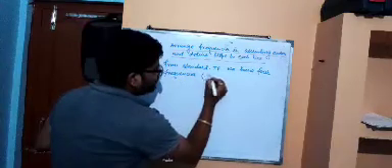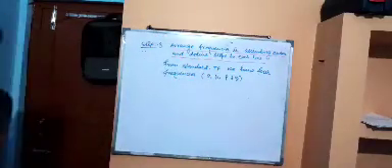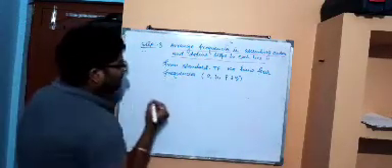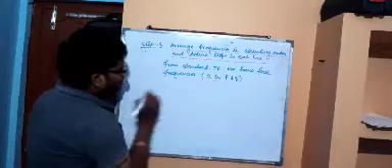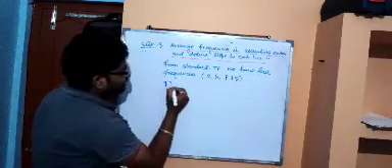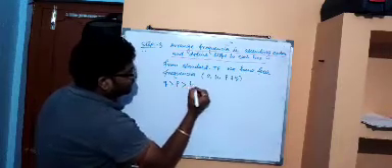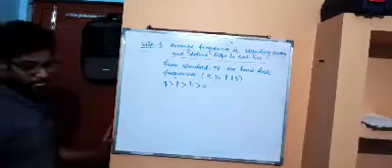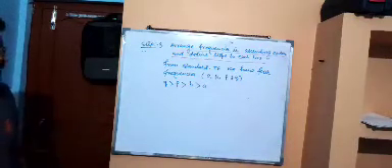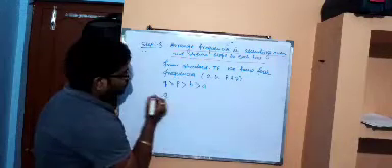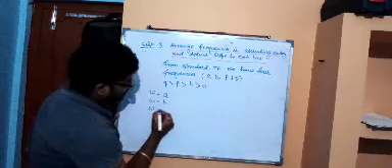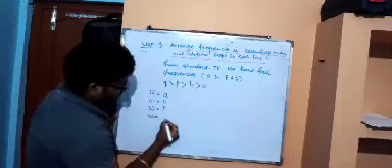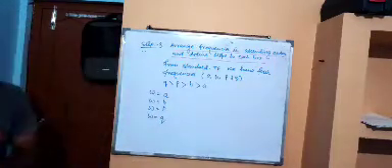These are A, B, P and Q. We are considering that the value of Q is greater than P, the value of P is greater than B, and the value of B is greater than A. So arranging these frequencies in ascending order: omega is equal to A, omega is equal to B, omega is equal to P, and the last one omega is equal to Q. These are the four frequencies.